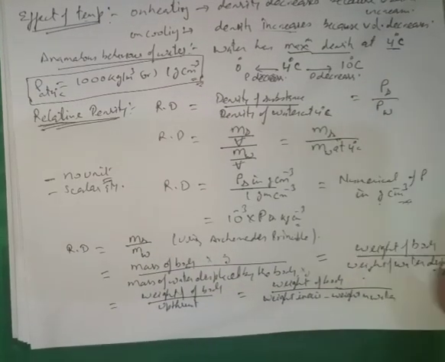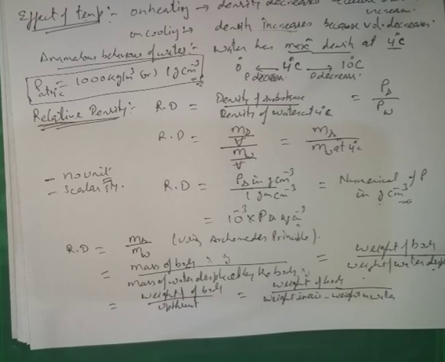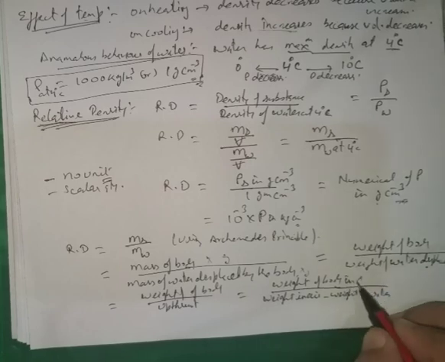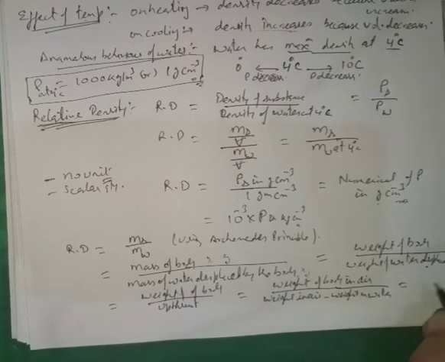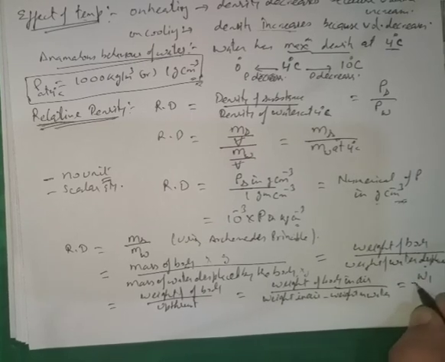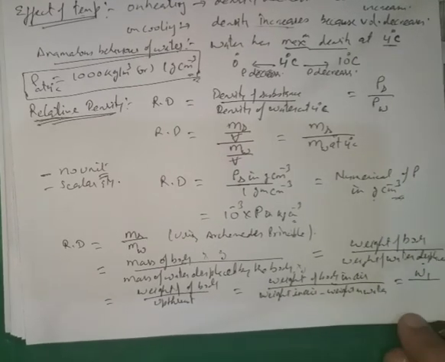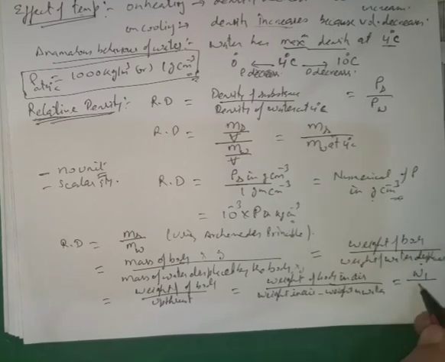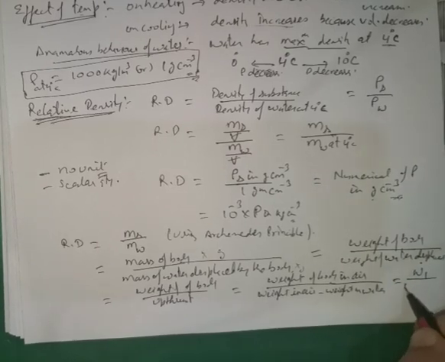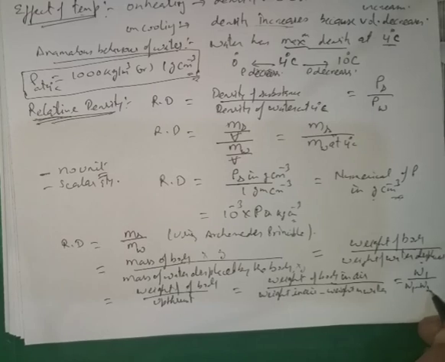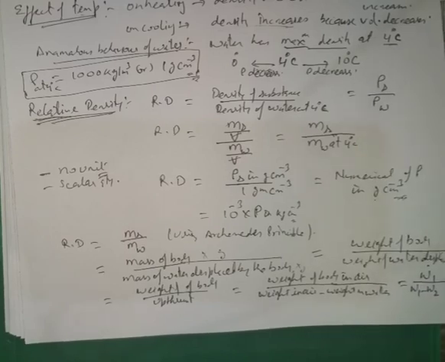Therefore, if W1 is the weight of the body in air and W2 is the weight of the body in water, then relative density can also be written as W1 over W1 minus W2.